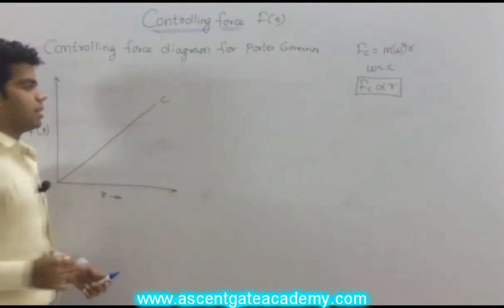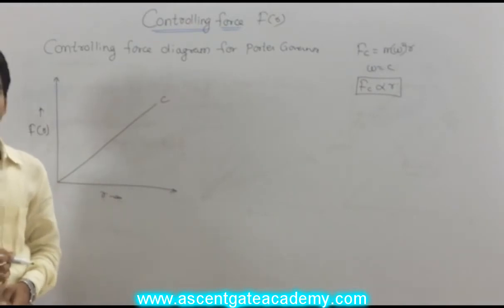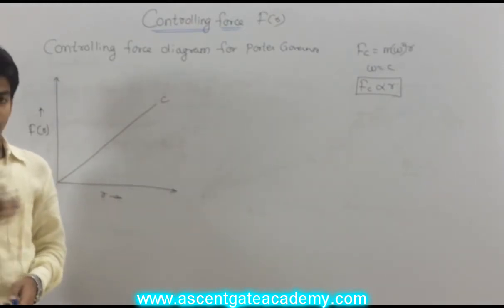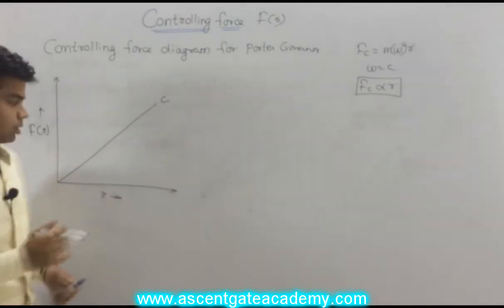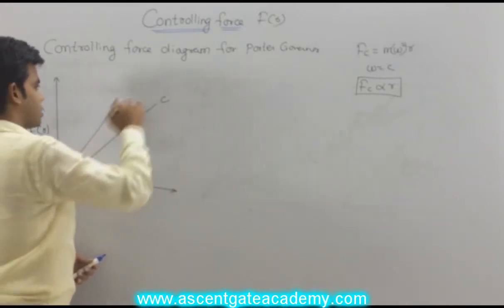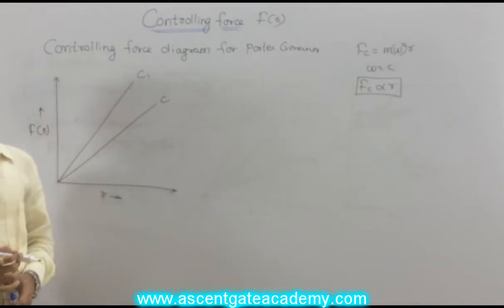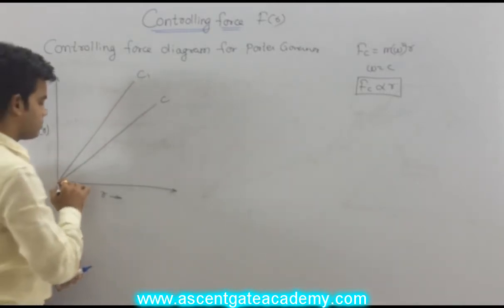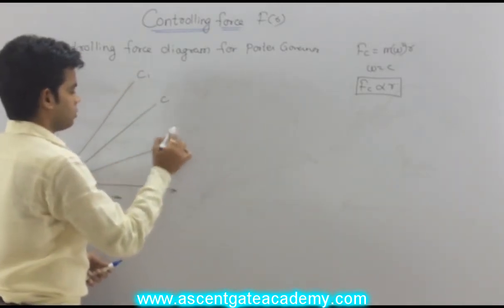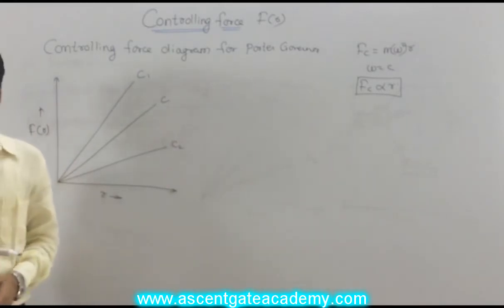Let the speed at this particular point be c. Okay. If I am increasing the speed, then obviously this graph will shift up, suppose c1. If I am decreasing the speed, this curve will shift down, suppose at point c2. Getting this now? Okay.